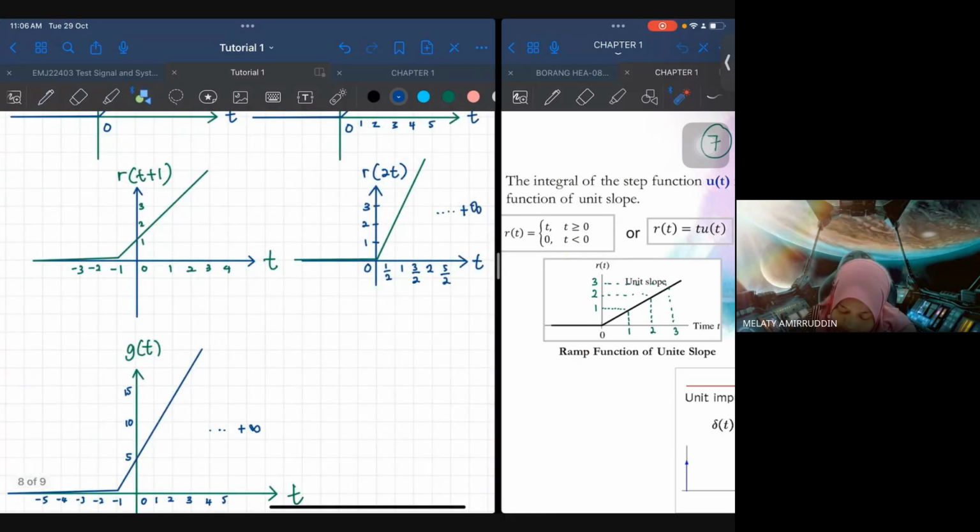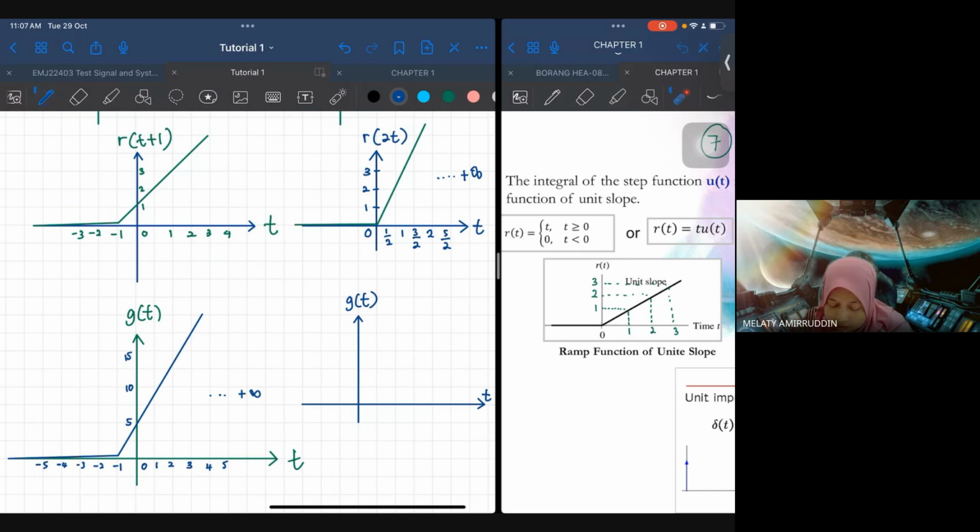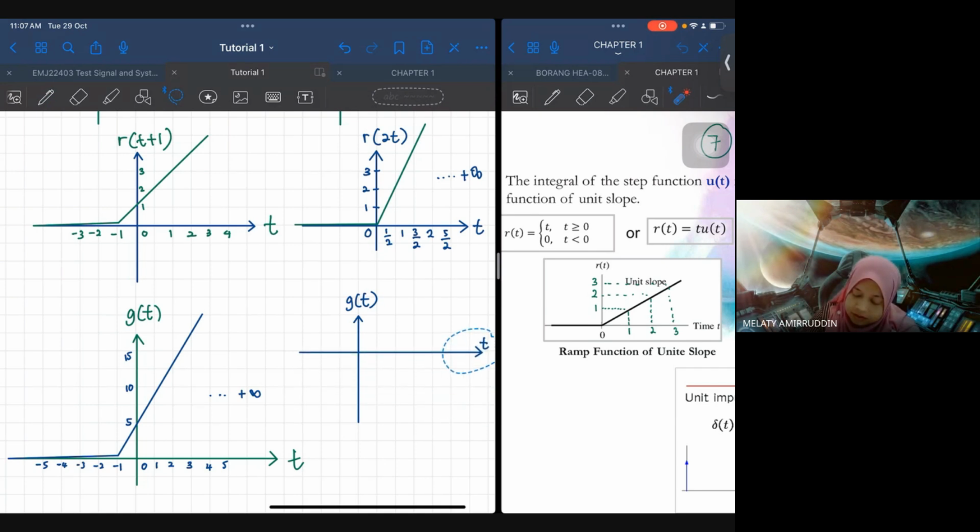Draw again. -3, reflection about the Y-axis. So the signal becomes like this.